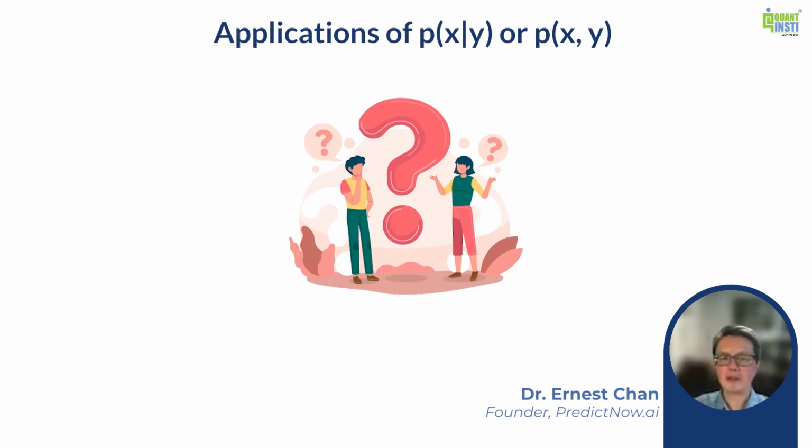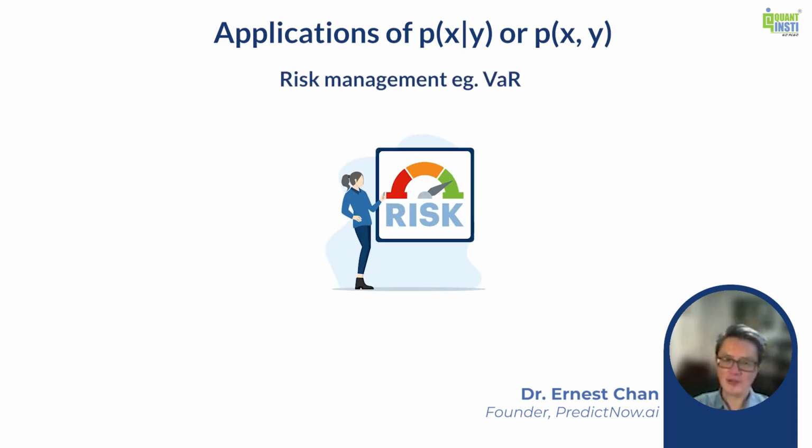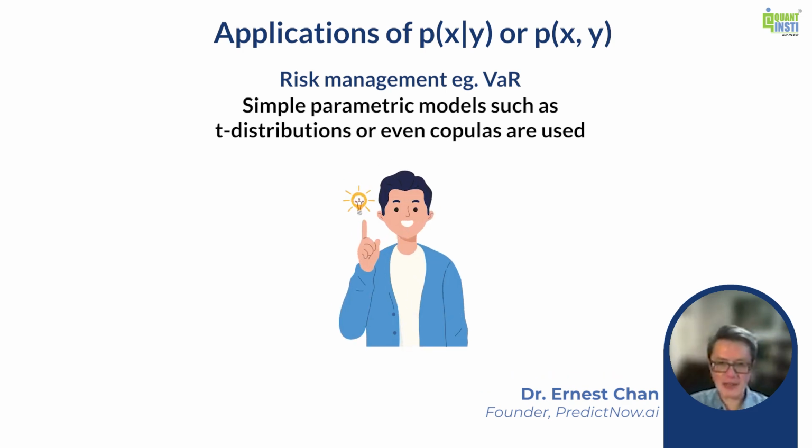What is the point of getting all this conditional distribution? Well, risk management is one of them. Traditionally, risk management is based on VaR, for example, or CVaR. They are all based on simple parametric probabilistic models. Maybe somebody thinks they're smart and says, well, there are outliers and fat tails, so let's use a t-distribution instead of a Gaussian distribution.